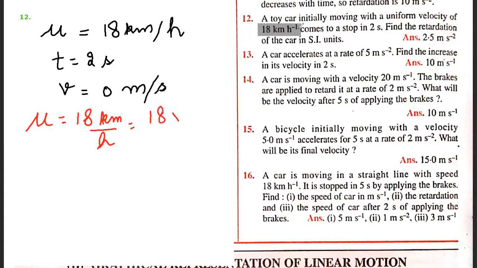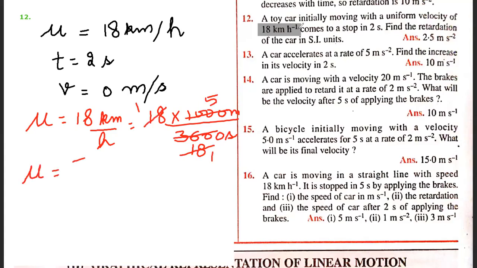That means 18 into 1000 meter upon 3600 seconds. You can even directly multiply by 5 by 18. So our initial velocity becomes 5 meter per second.